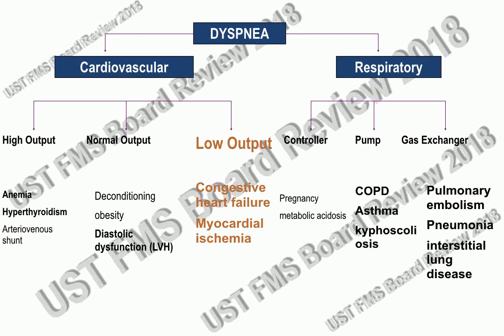And that can lead to diastolic heart failure, which is a normal output type of heart failure, and that leads to dyspnea. So try to review also the different respiratory causes of dyspnea, exemplified by, of course, your COPD, your asthma, and other pulmonary causes.